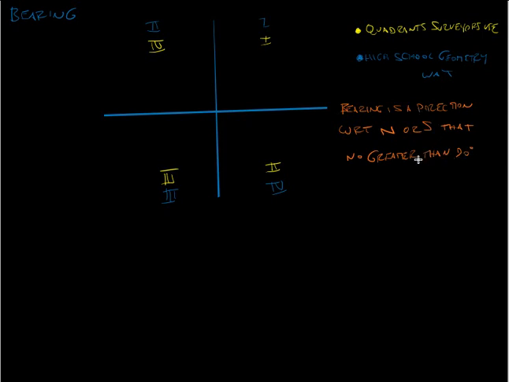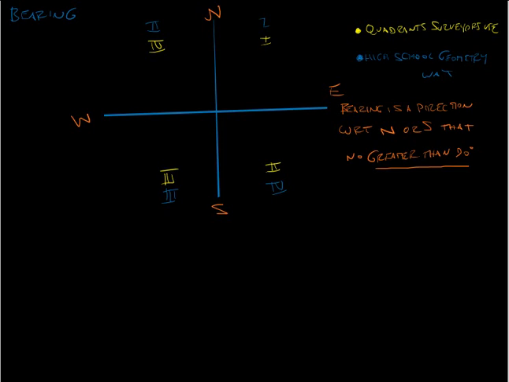I said up to 90. That's kind of confusing. It's no greater than 90. It's an angle no greater than 90 degrees with respect to north or south. And this is obviously east, and this is west.